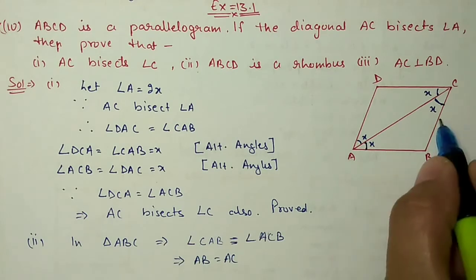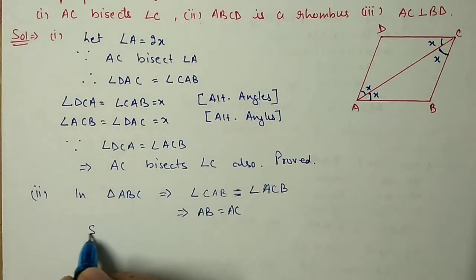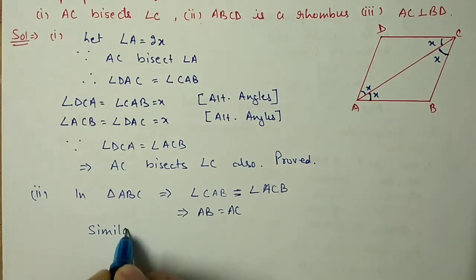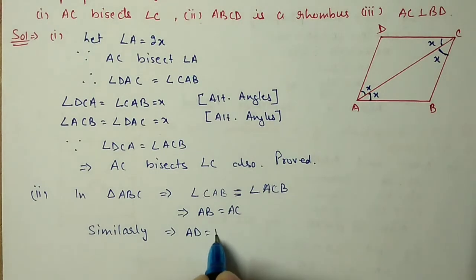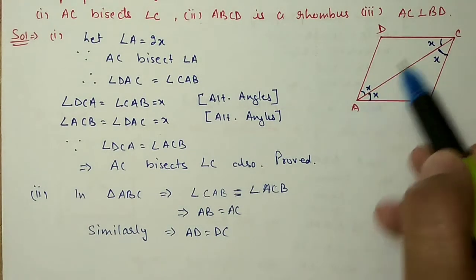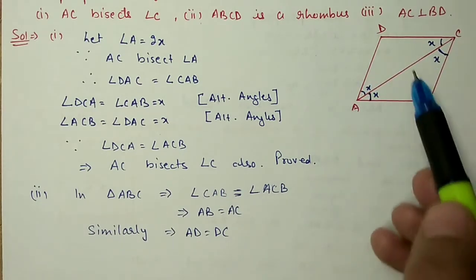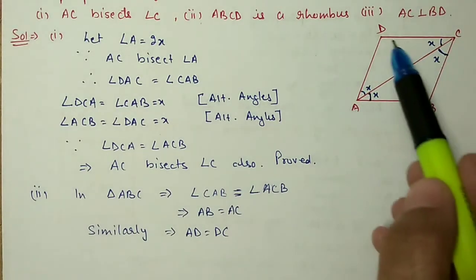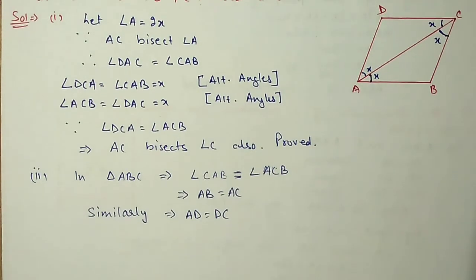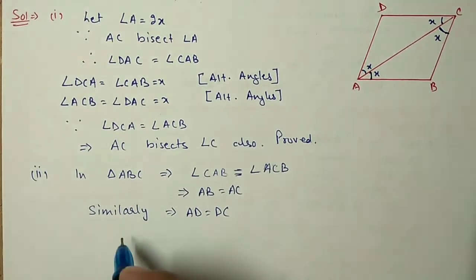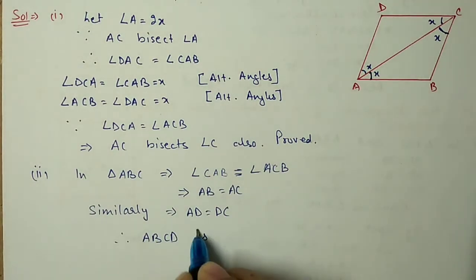It means these two sides are equal. Similarly, we can say AD is equal to DC, because this angle and this angle are equal, so these two sides will be equal. So now we came to this result that all the four sides are equal, and if all the four sides are equal, it means this is a rhombus. Therefore ABCD is a rhombus.